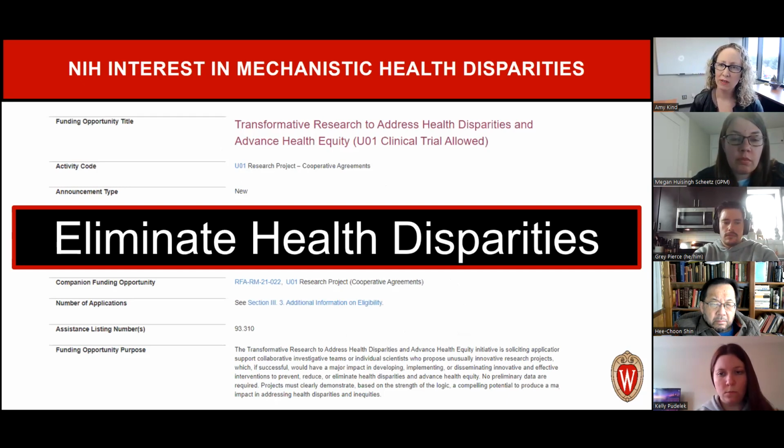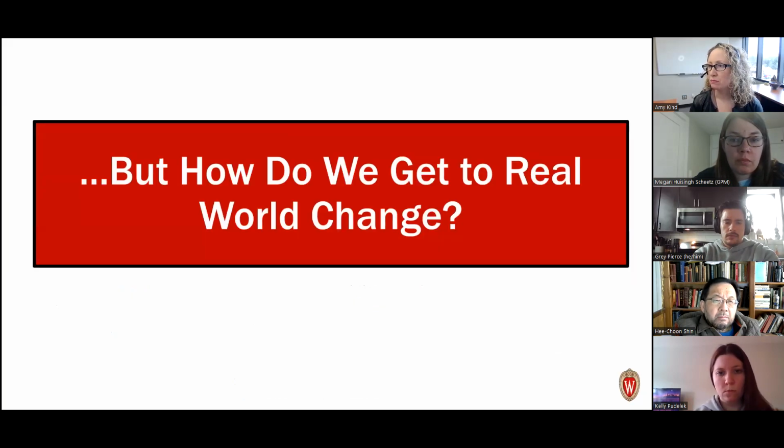So this is a field that's particularly important right now in terms of NIH health disparities research. And it's a field that you can certainly, hopefully, become interested in if you're not already engaged in thinking about funding towards the NIH. But the question is, how do we get to real world change?